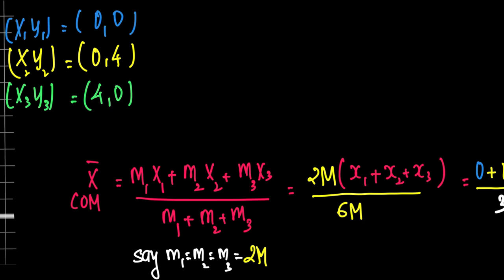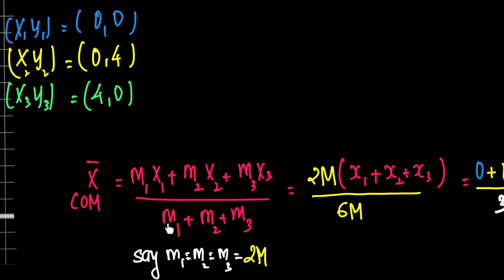In which case, what is x bar of center of mass? It is m1 x1 plus m2 x2 plus m3 x3 the whole by m1 plus m2 plus m3. Now given the question that these 3 masses are same, which is equal to 2m, so I can take 2m common from the numerator, which means the numerator transforms to 2m into x1 plus x2 plus x3.